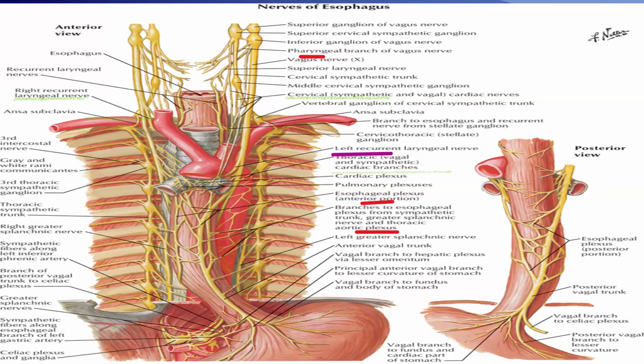The vagus nerve will further supply the thoracic esophagus, and both the sympathetic and parasympathetic form the network plexus, the Auerbach and Meissner's plexus. Auerbach plexus regulates contraction from the outer muscle layers, whereas Meissner's plexus regulates the peristaltic contraction from the muscularis mucosa.